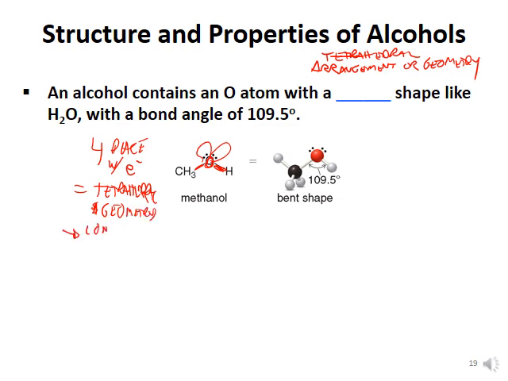Lone pairs are invisible. They're there, but you can't see them. And so that leaves you with a bent shape. This is an important thing. That's a Chem 111 skill.